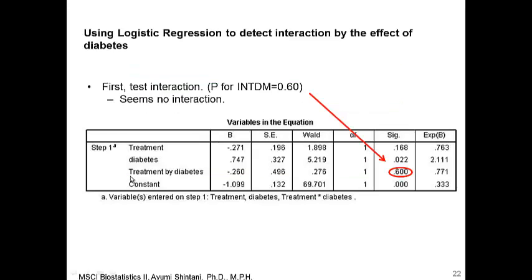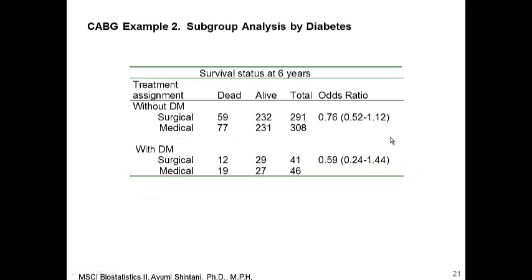So you create a cross-product term between treatment and diabetes, and then you run the model with treatment itself, diabetes itself, and then the cross-product term, three terms in the model. Check the p-value for the interaction term, the cross-product term, and this statistically evaluates whether these two odds ratios are different.